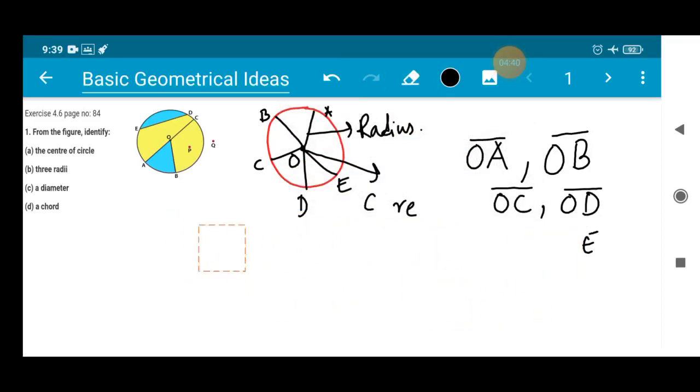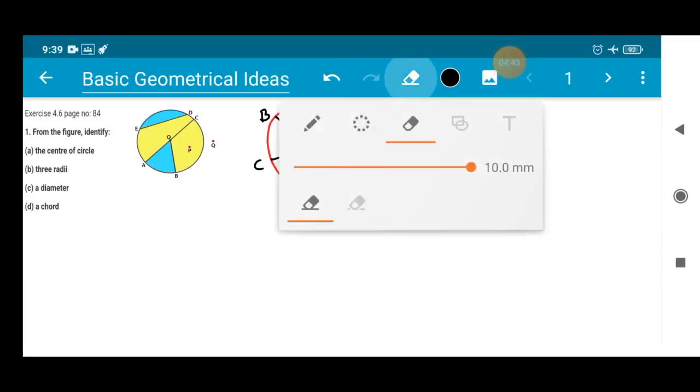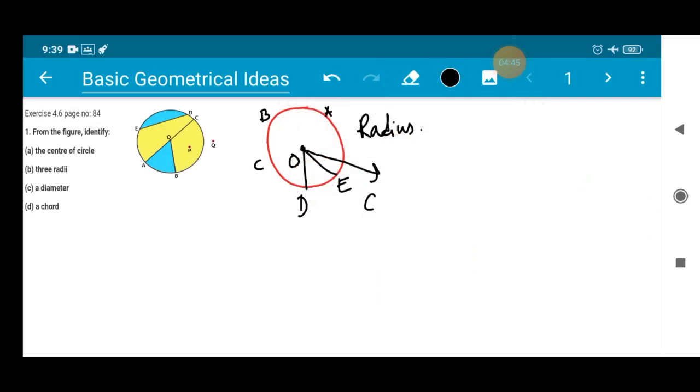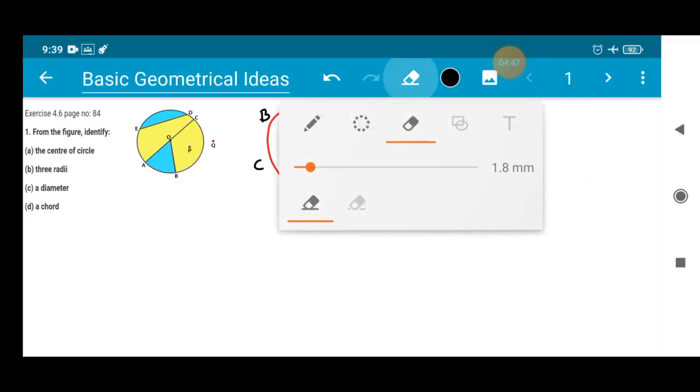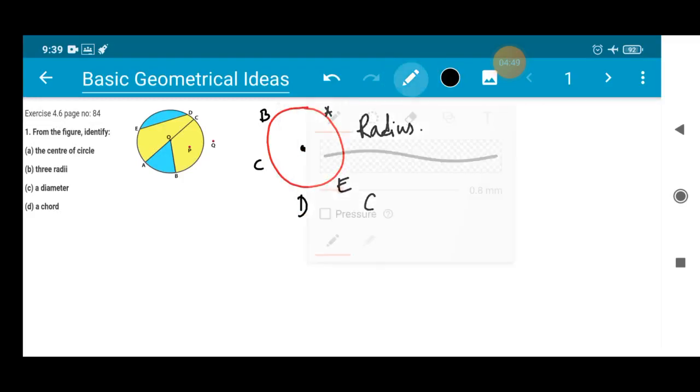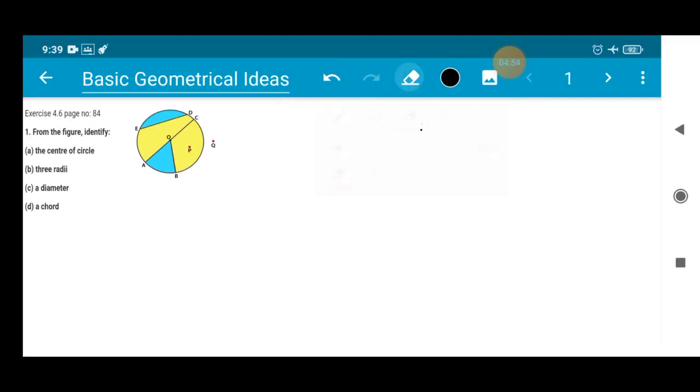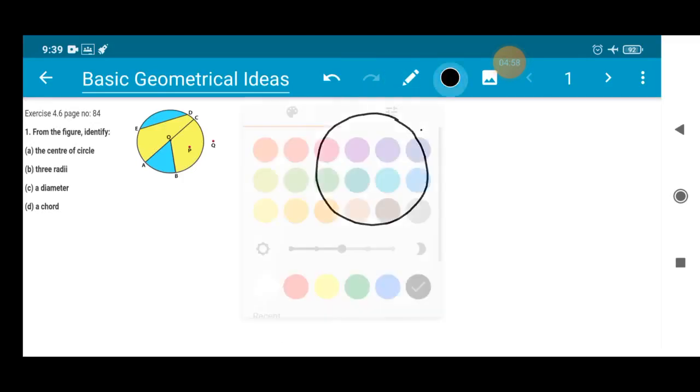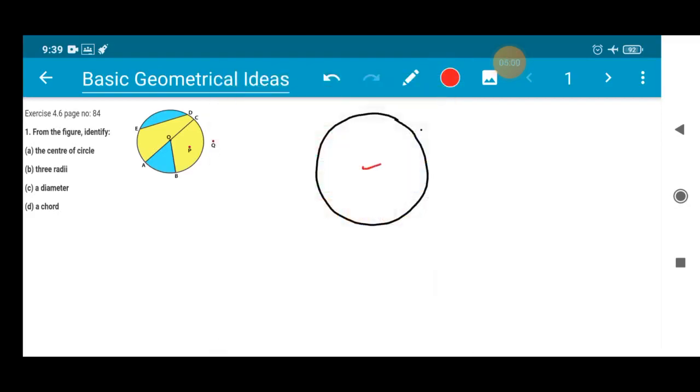I'm erasing this part. I request you all to rewind the video and copy this in your copy. If the concept of the radius is clear to you all, then I'd like to go to the next term. Suppose this is a radius.